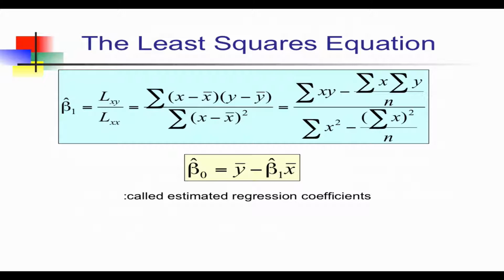Similarly for beta hat 0, the point estimate is y bar minus beta hat 1 multiplied by x bar.